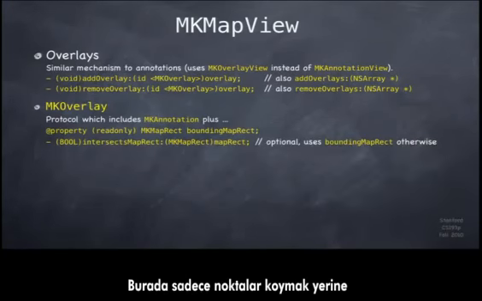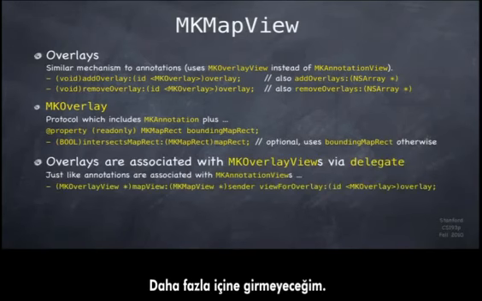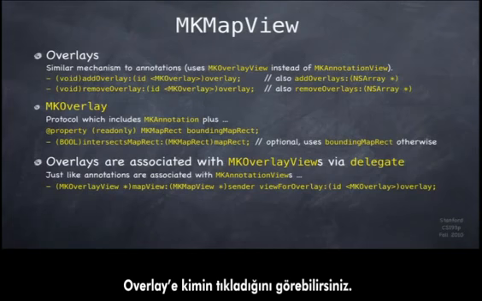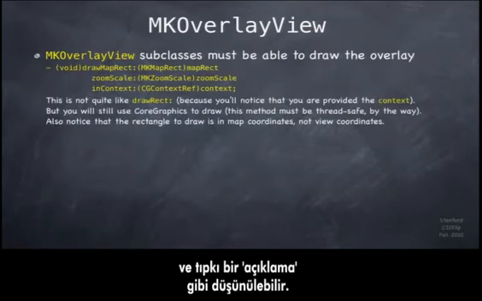So I'm not going to really go into this too much. It has a bounding rect, so it can do hit testing, whether you clicked on the overlay. It's associated with an overlay, just like an annotation is. There's a method viewForOverlay. There's not the same dequeue mechanism though.